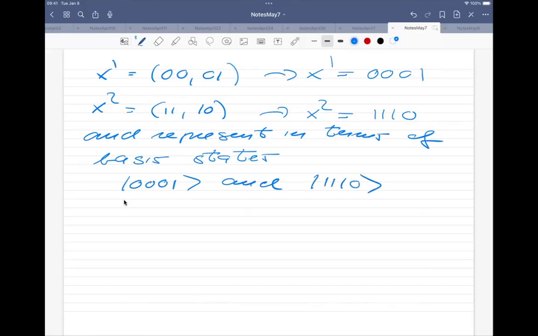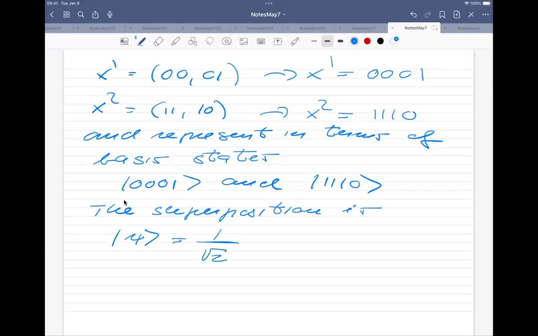That means that we would then have a superposition of these two states. That superposition is a state, which we just label as psi here, given by 1 over square root of 2, times the state 0, 0, 0, 1, plus the state 1, 1, 1, 0. So that's another way of representing this state.